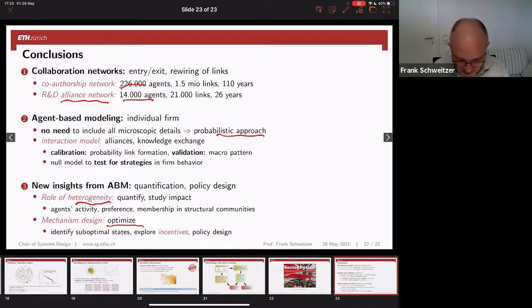So this goes in the direction of policy design, which is only possible after we have a model that is fully calibrated and has shown that it is able to reproduce empirical results.